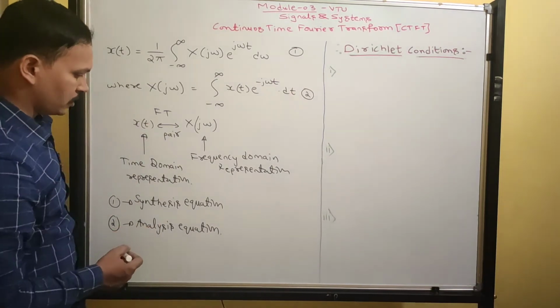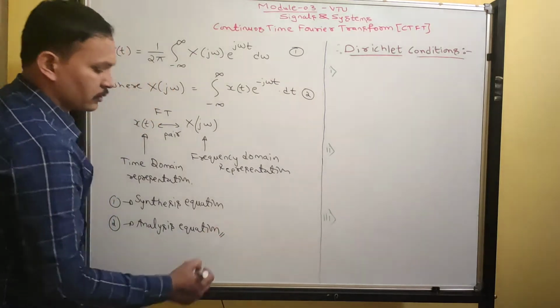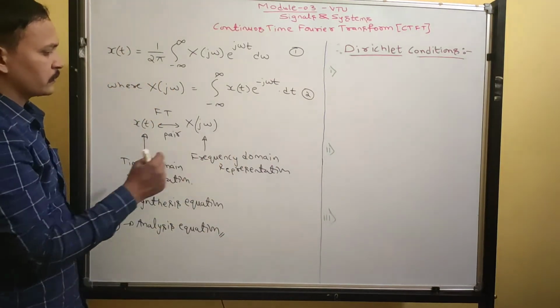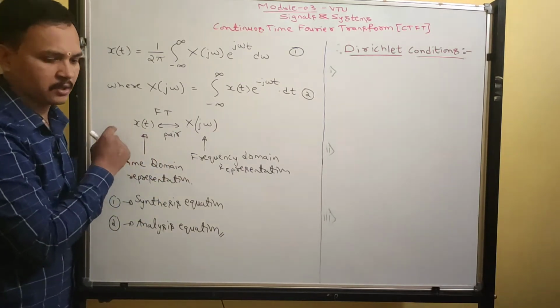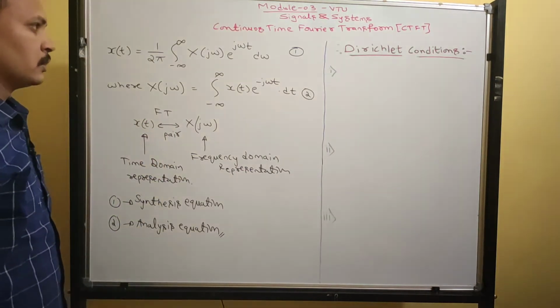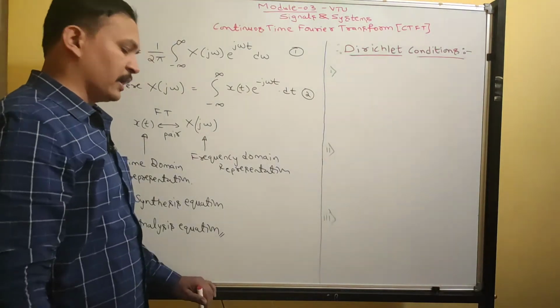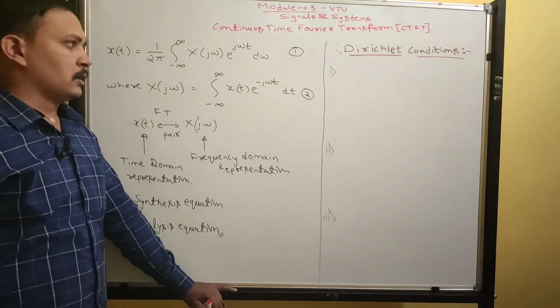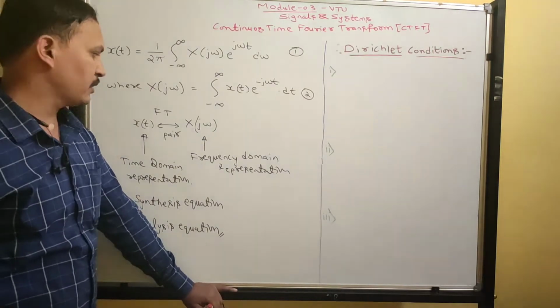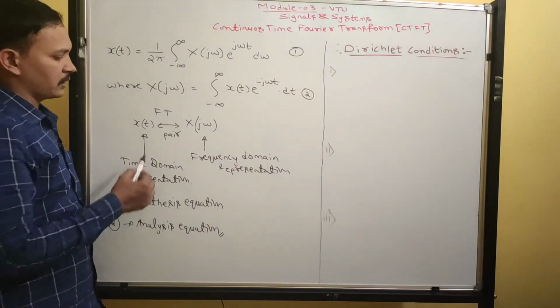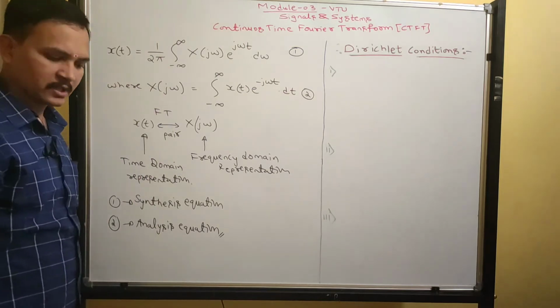However, the Fourier transform X of j omega for a continuous time signal x of t has to satisfy the following conditions. If some conditions are satisfied, then we can find the Fourier transform of non-periodic signals.